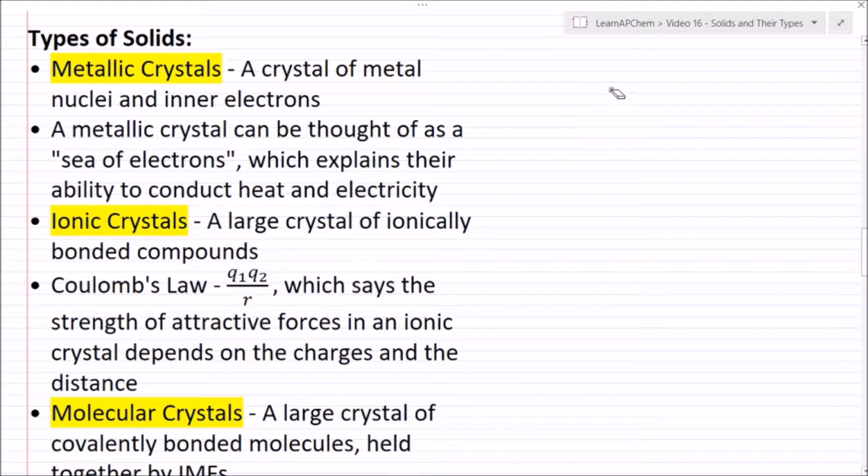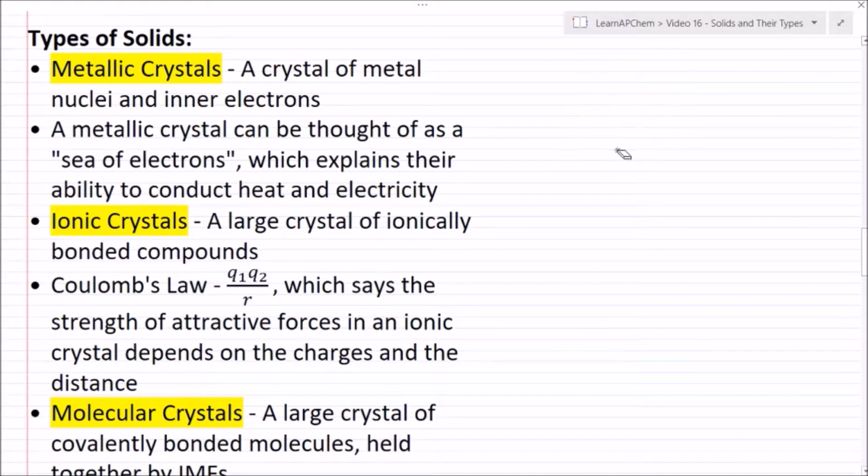So if we have a metallic crystal here, these individual atoms are retaining their inner electrons, but the valence electrons can freely move through the crystal. And so you can think of it as a sea of electrons. And this explains metals' ability to conduct heat and electricity.